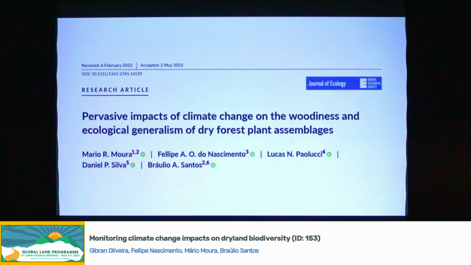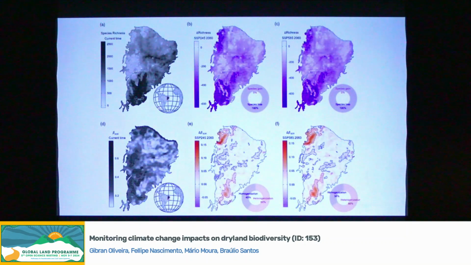This first work with plants was published in the Journal of Ecology, and it's very interesting because it's really pervasive, as the title says. We can see at the top the richness and all the alpha diversity, so we can see the current time and the future time. Here we have 100% of species loss, and not only for the optimistic but for the pessimistic scenario.